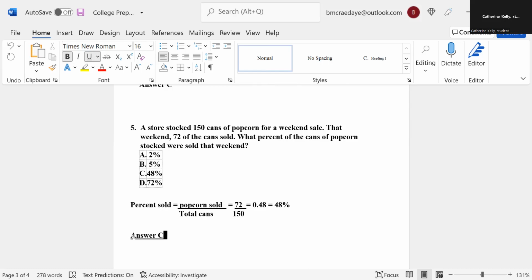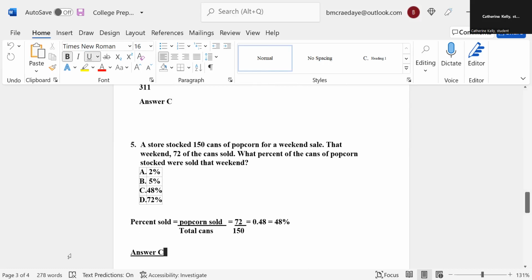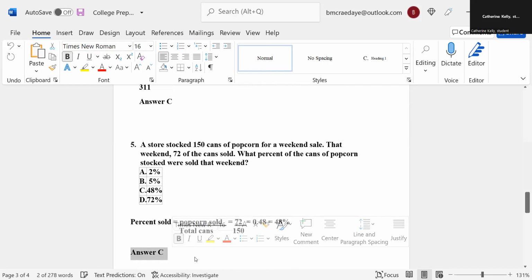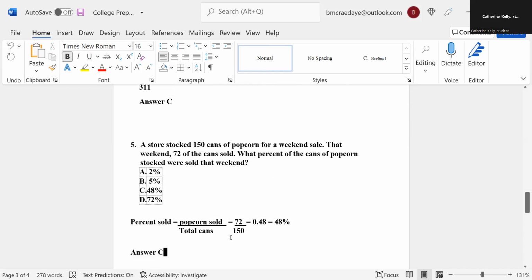Now, Catherine, you know what percent was sold. What percent was not sold? How would you find that? When you subtract that from the 150. No, we're talking percents here, and you're mixing things up now.